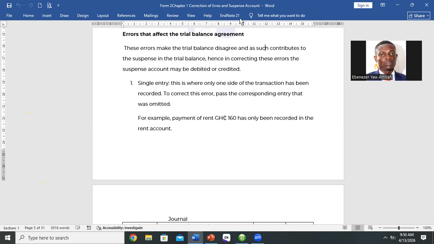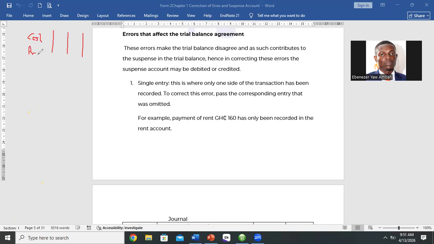Now let's get a picture. If you pay rent, you would agree with me that you have to debit the rent account and credit the cash account, so that when you construct your trial balance, you have a balance for cash and also a balance for rent.